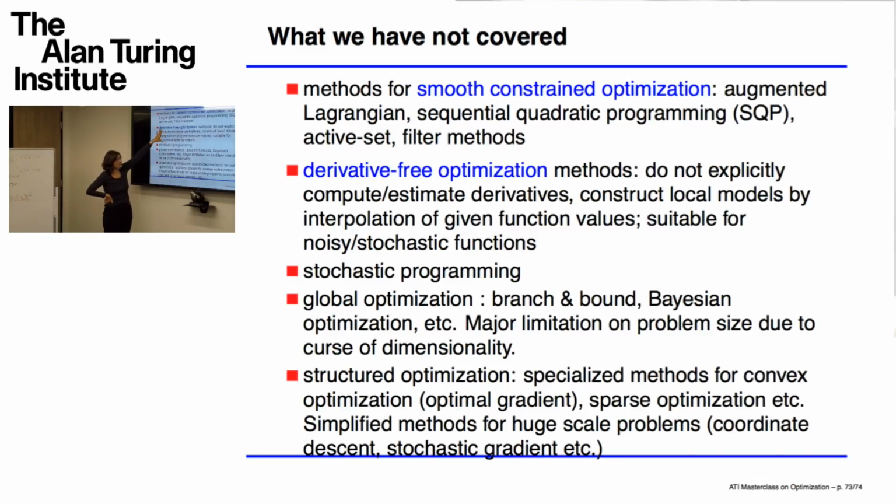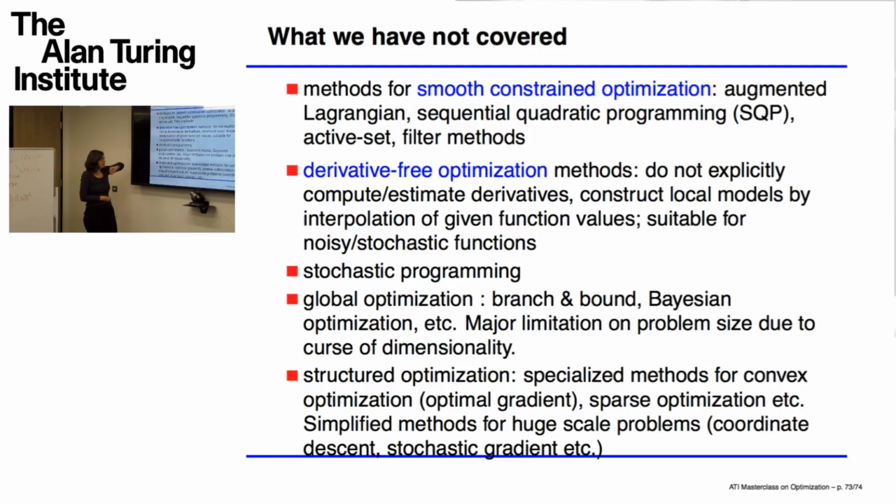So there is another sub-area of optimization called derivative-free optimization that deals with the case where you can't compute accurate derivatives, and your underlying function could be smooth or not. These methods are built very similarly to what we saw before, in the sense that they do compute local models, but using interpolation. And there is good code out there for this, but they don't scale to as large a dimension as derivative-based methods.